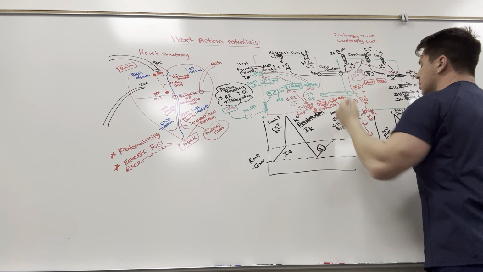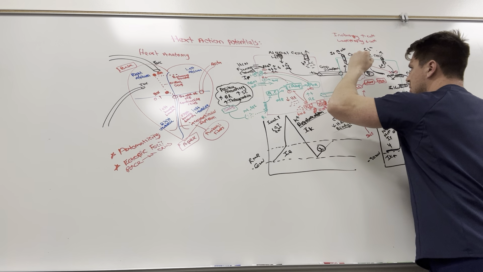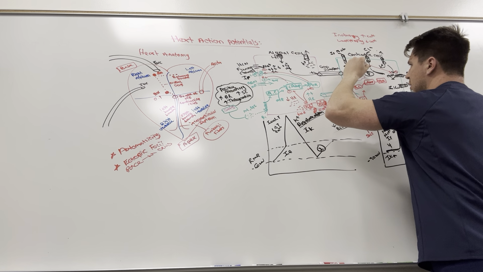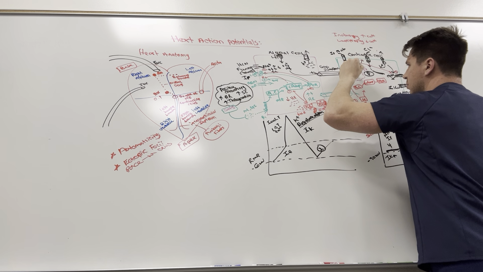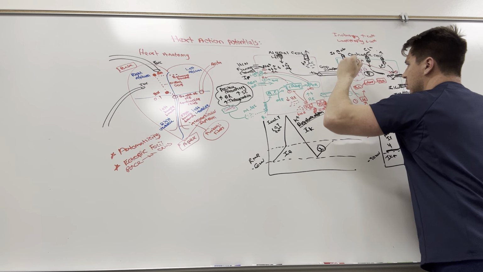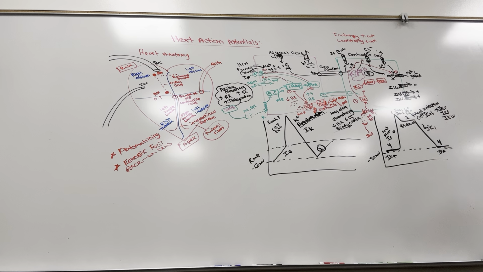And we call this calcium-induced calcium release. And they bind here, and then we have calcium leaving the SR into the cytoplasm. Okay? So when that calcium leaves, we then can have more cross-bridge cycling and increase in contraction.